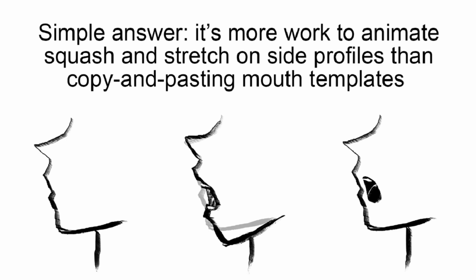When you are animating the mouth from the side view, you are also changing the silhouette of the character's side profile. So this is of course going to take quite a bit of work, especially if they're talking quite a bit. For animators, it's going to save you a lot of time when you can just have a static face, and you just change the mouth on the face in order to have them talk.